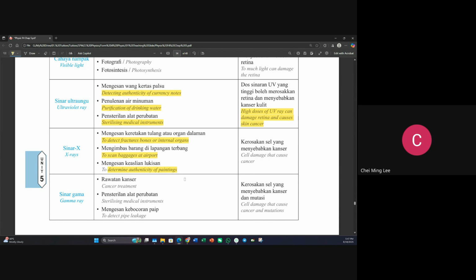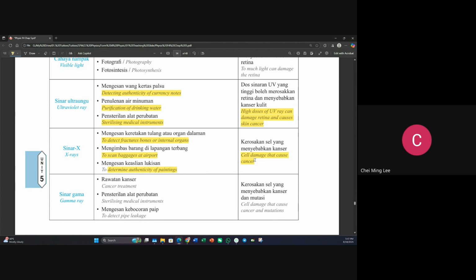You will be able to know if the paint color is new or old. But nowadays there are some ways to make it look old. So somehow it will cause cell damage, and this cell damage might cause cancer.